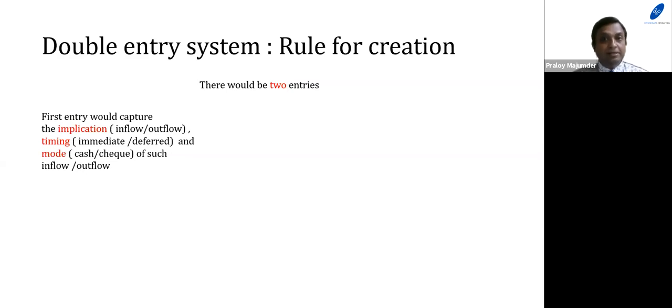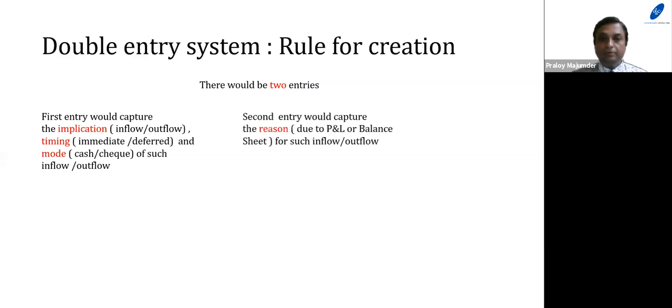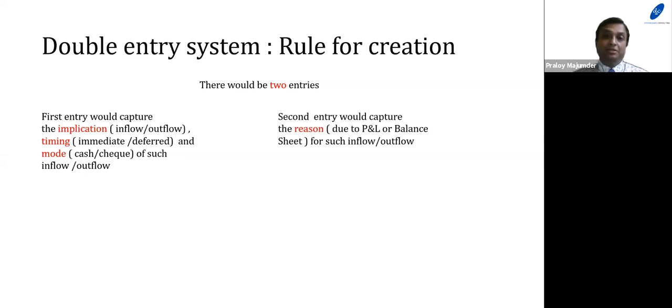So in the double entry system, the first entry would capture the implication, the timing, and the mode of such inflow and outflow. The second entry would capture the reason. As we have mentioned, every financial transaction can be categorized either in the P&L or in the balance sheet.